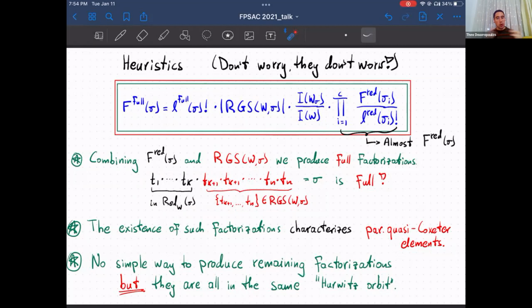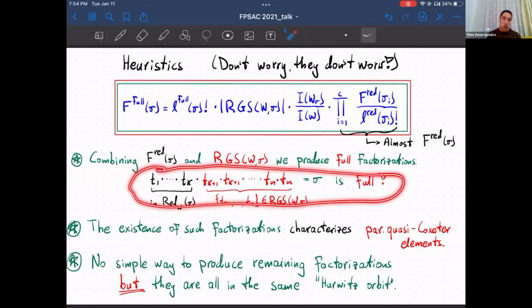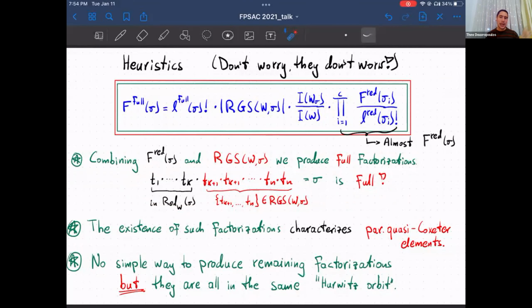In particular, there might be a complicated way to start with factorizations like that, spread them around, change the factors so that they're not really reduced factorizations here, but do it in a controlled way. The evidence that exists for that is that the whole collection of full factorizations of sigma is in a single Hurwitz orbit. Hurwitz orbit in the sense of the braid group action on tuples of elements. Right? So we hope that this would be an approach that could give us something in the future.